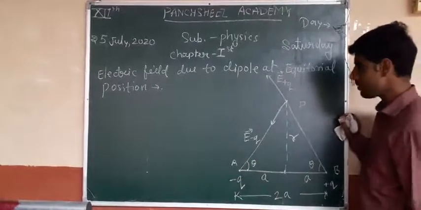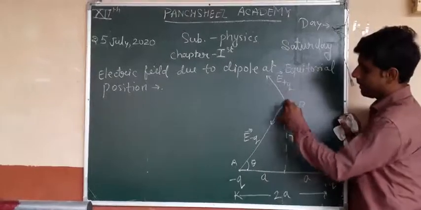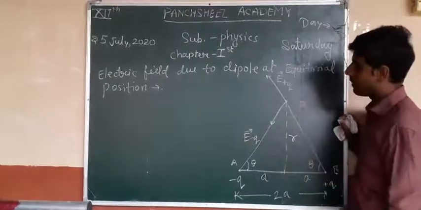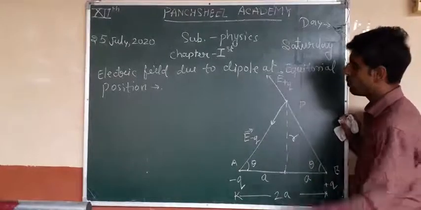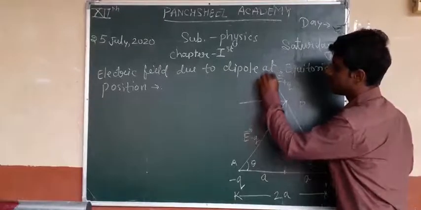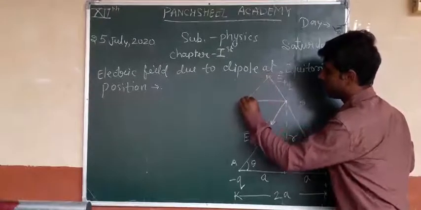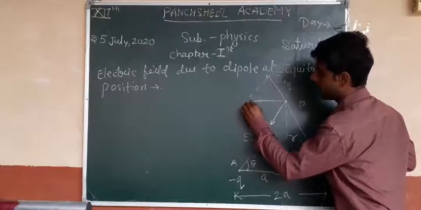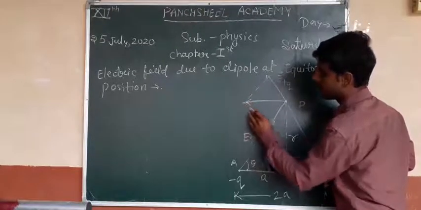The resultant electric field of these two, E plus q and E minus q, will be just like this. This is the value of resultant electric field.